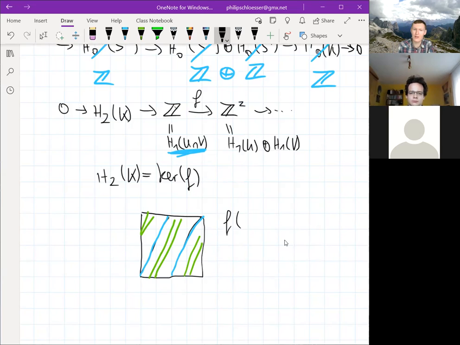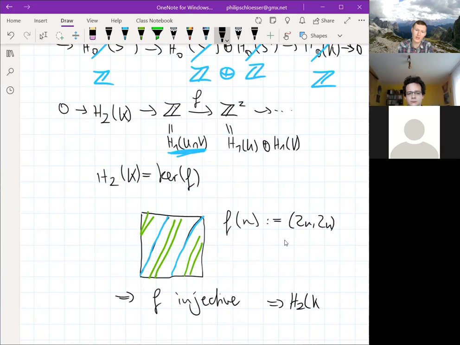F maps some number n to 2n to n. And this means that F is injective, and that therefore its kernel is the trivial group, so H2 of K is the trivial group.